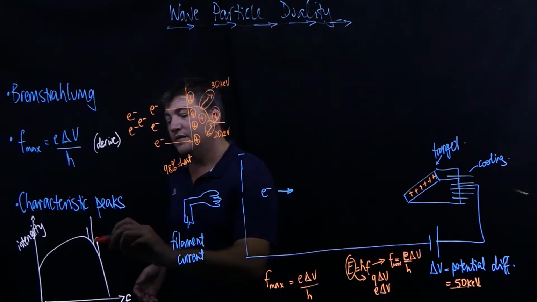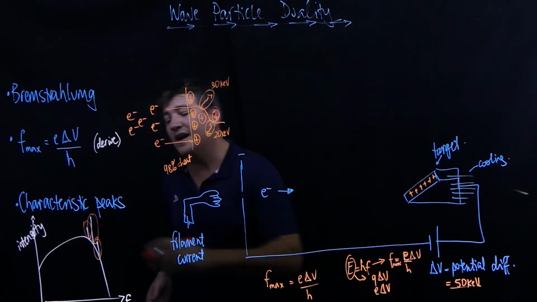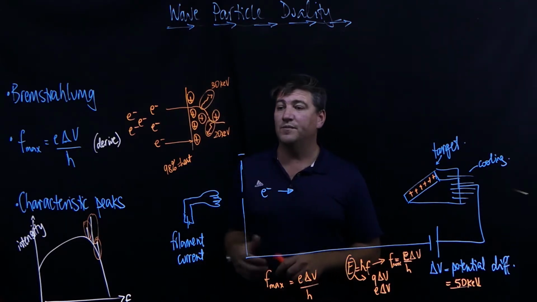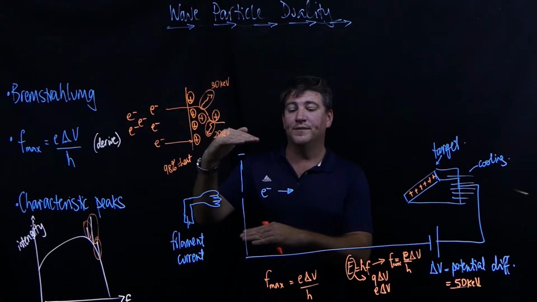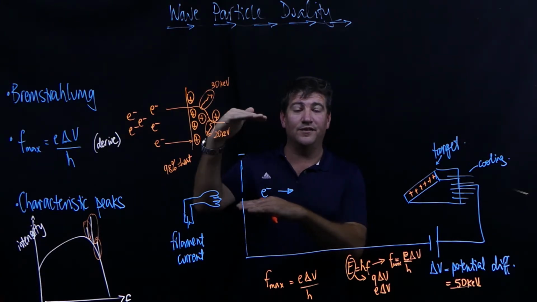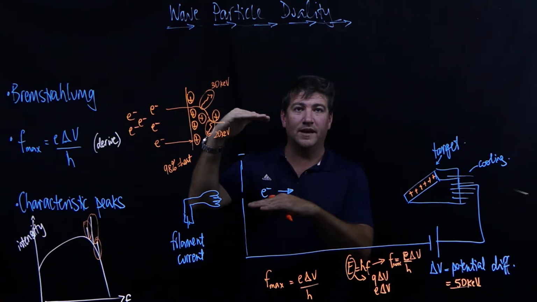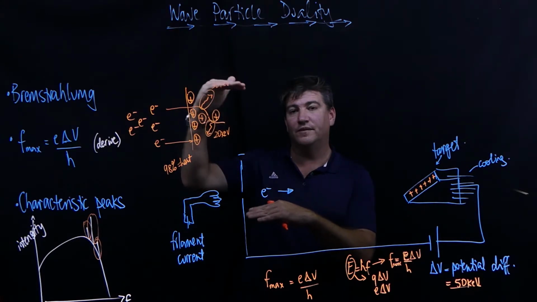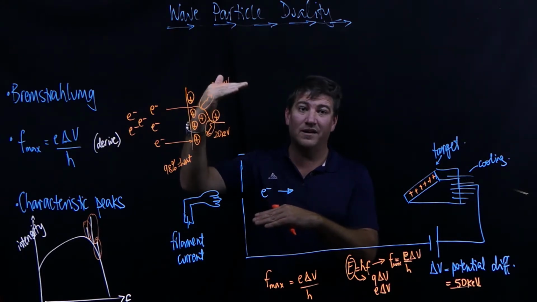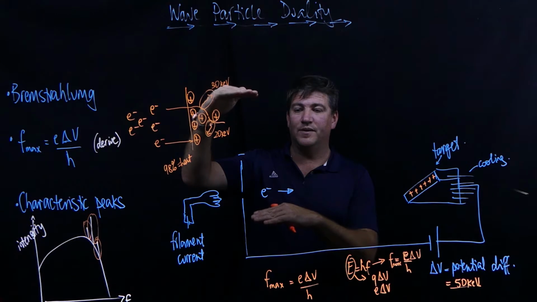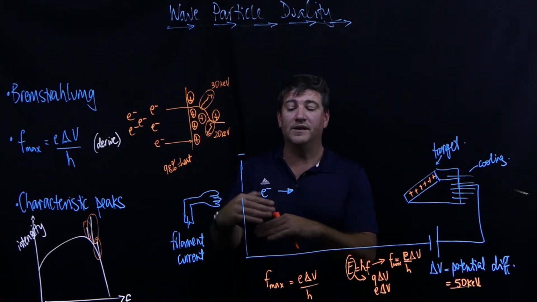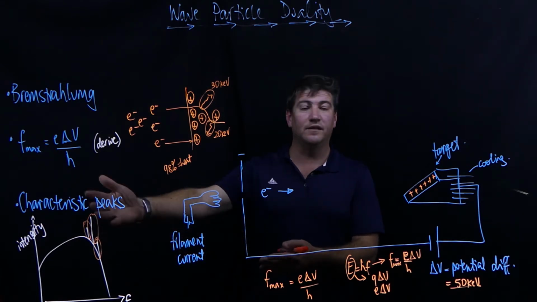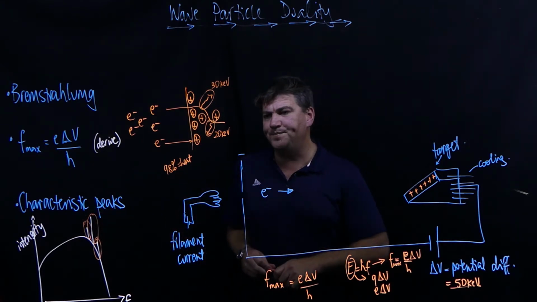Those are the reason we have specific characteristic peaks: these electrons got knocked out, and there are characteristic, unique energy levels in atoms. An electron from above drops down into that shell to take its place, and that dropping down gives off some energy in the form of these characteristic peaks.